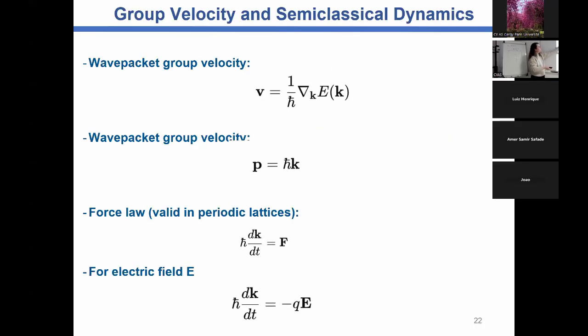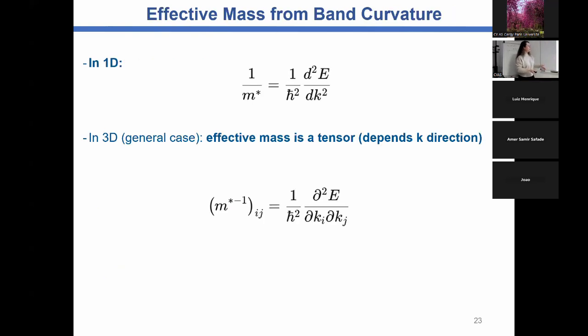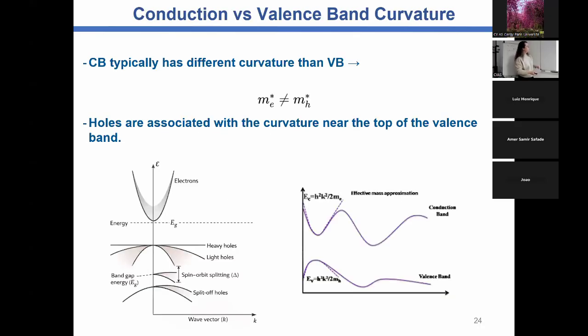We use group velocity, we apply an electric field, and we can measure the effective mass of this charge, depending on the barrier that we construct when we want to measure. But I will not spend too much time on this.